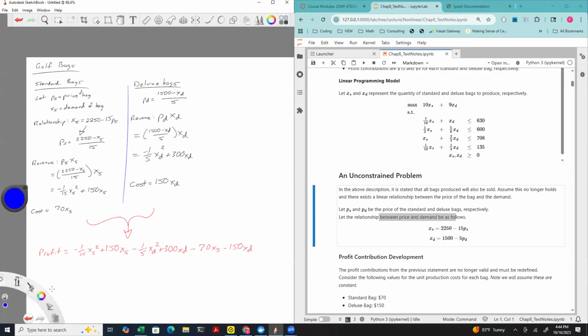So if I kind of label this a little bit, between here and here, this is revenue. Standard bags here, deluxe here. And then from there to there, I'm subtracting off cost.